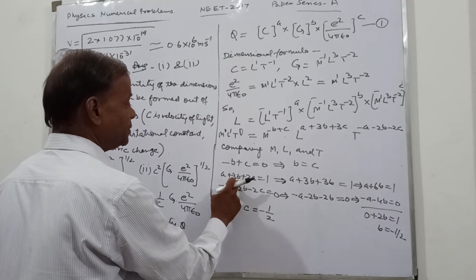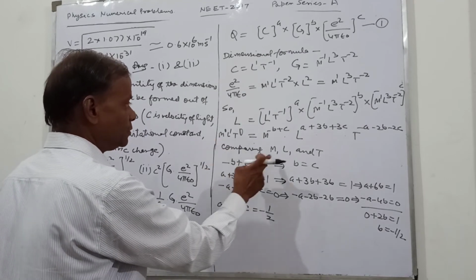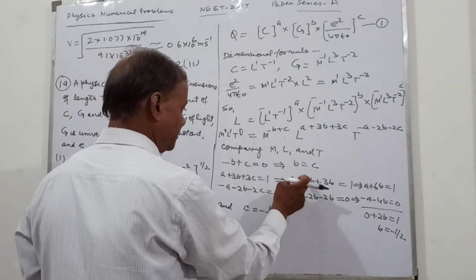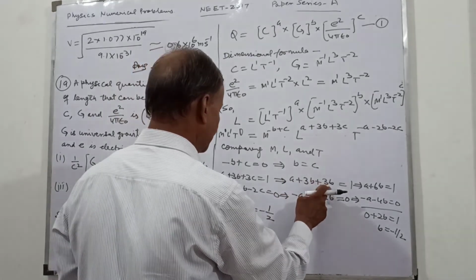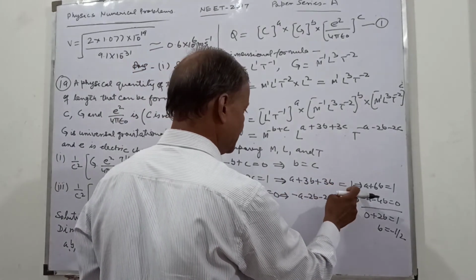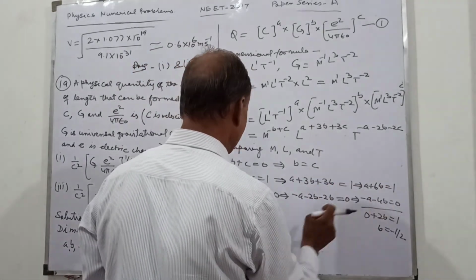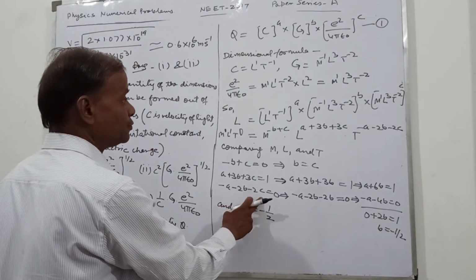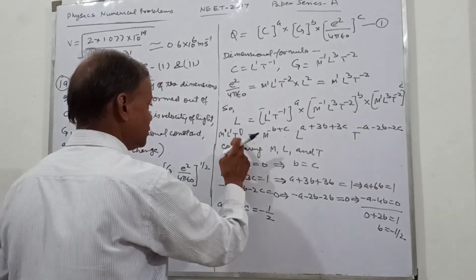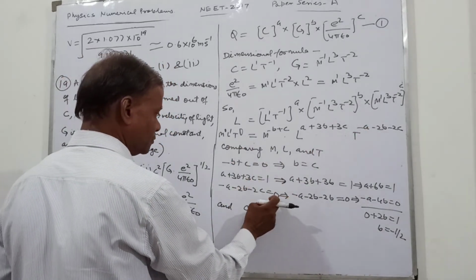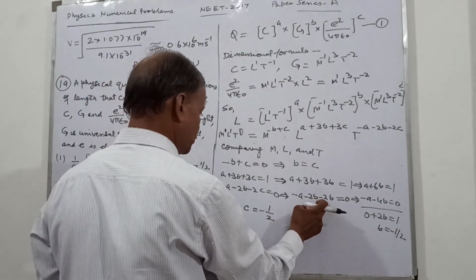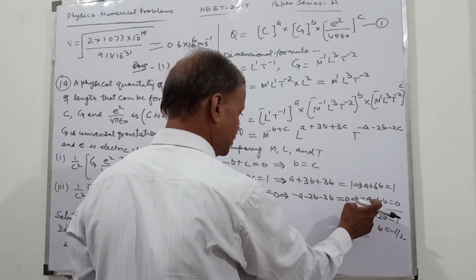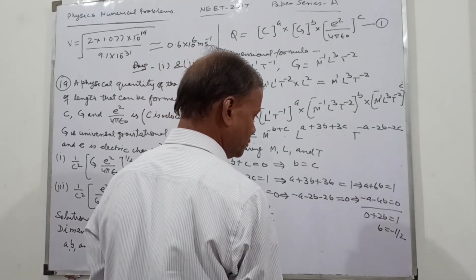Or a plus 3b plus 3c is equal to 1. So a plus 3b plus 3b, this is now your 6b. A plus 6b equal to 1. A minus 2b minus 2c is equal to 0. A minus 2b minus 2b, a minus 4b, this is equal to 0.